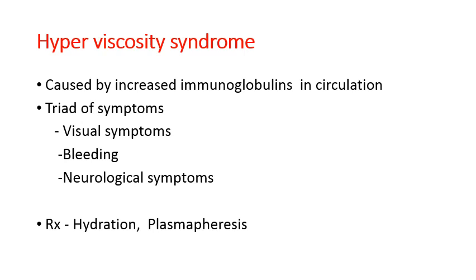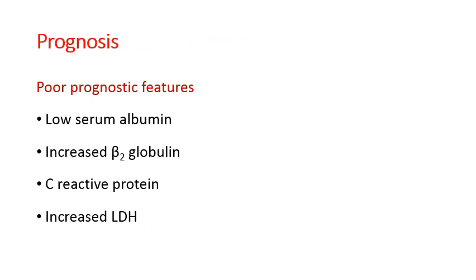The treatment is to hydrate or remove these proteins by a process called plasmapheresis. Now, these are the poor prognostic features of multiple myeloma. If these features are there on admission, the survival rate is reduced.